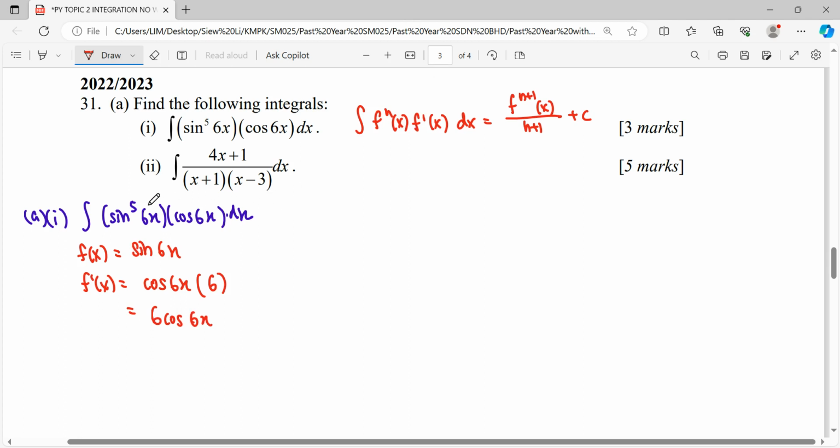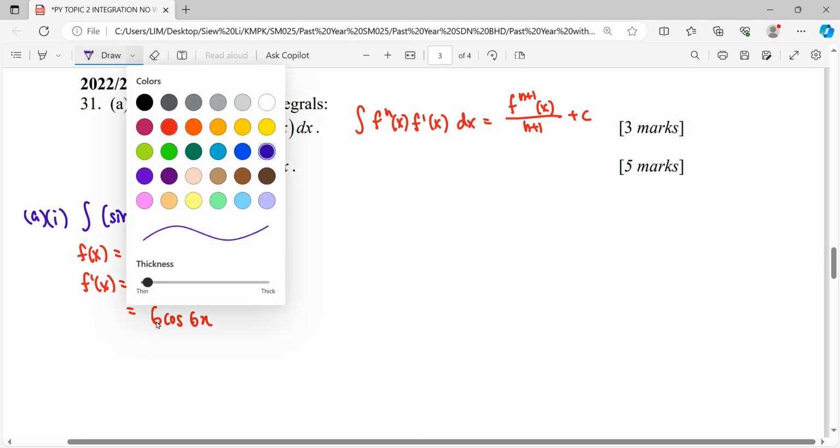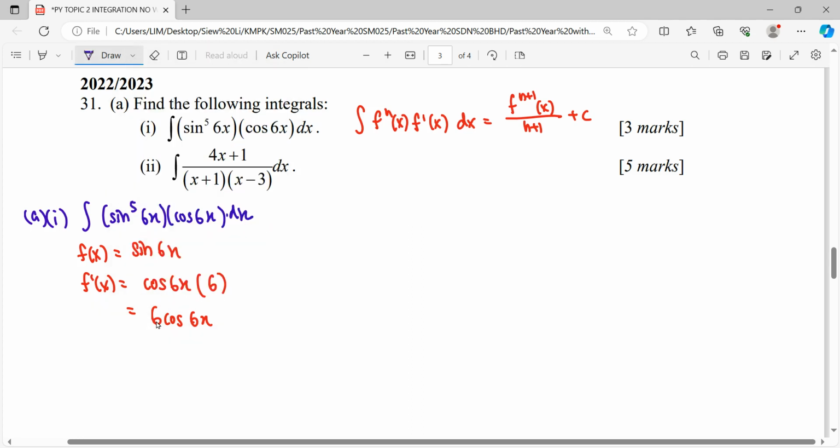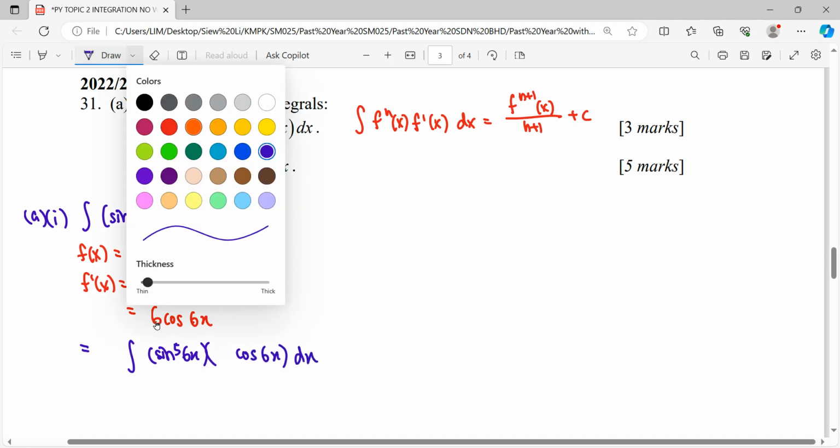So in our question, we only have cos 6x. We don't have the coefficient of 6. Therefore, in using the formula, what I can do is multiply the coefficient of this first derivative function.